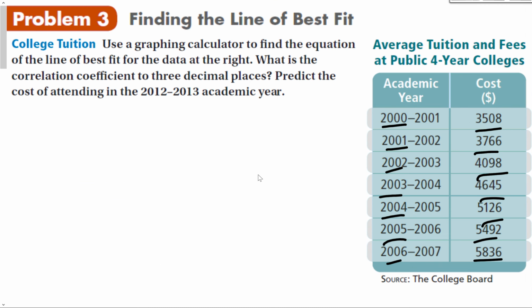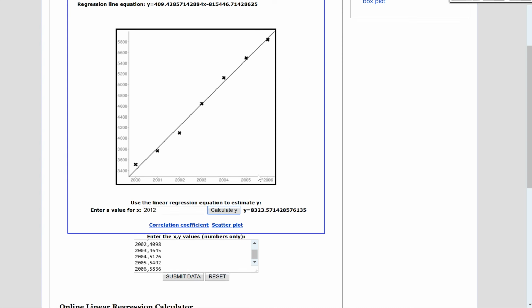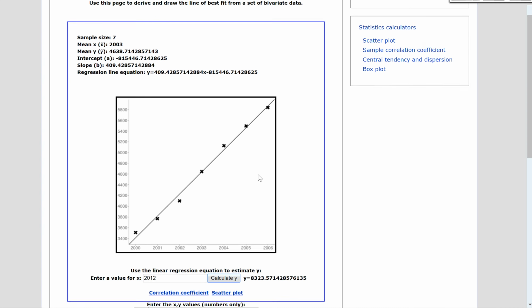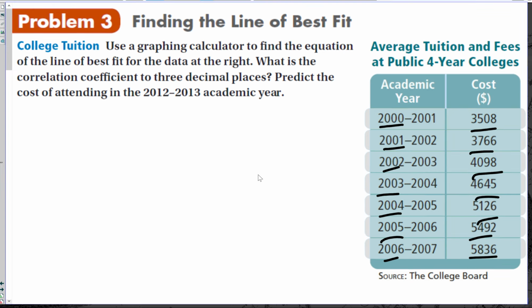Okay. Unfortunately, there's not a way to do this by hand. So you're going to need to find some sort of good graphing calculator that, number one, you like, and number two, spits out all the data. So I would actually need a different one if I wanted to find the correlation coefficient, like I said.